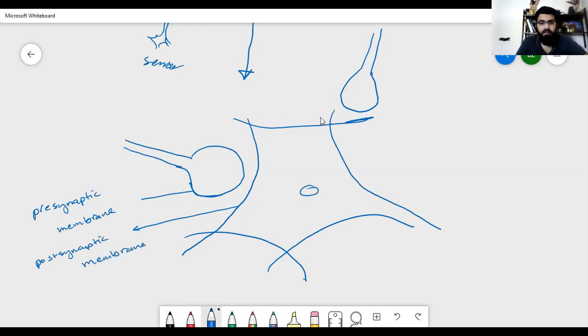So which one is presynaptic and which one is postsynaptic? The presynaptic is the one of the terminal of neuron number 1, and this is neuron number 2. The postsynaptic membrane is the membrane of what? Of neuron number 2.